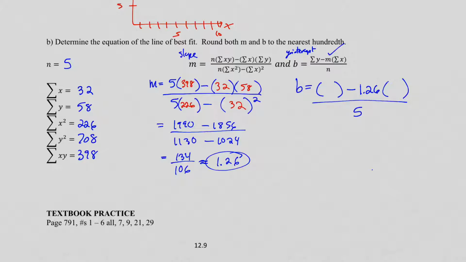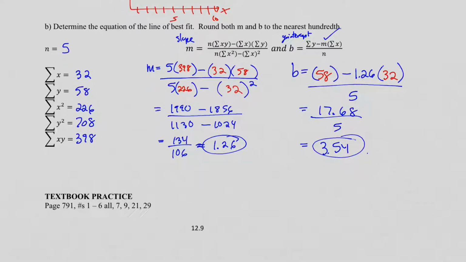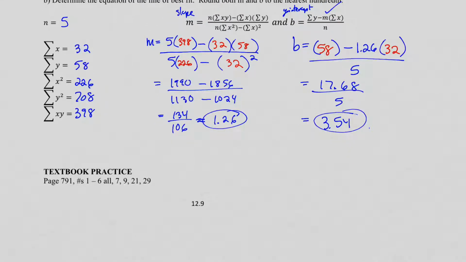Okay, so we're just going to fill those two blanks with the numbers we calculated from the chart, which is 58 here, and the sum of the x's is 32 right there. So we start using our calculators. That's 17.68 on top. Divide by 5, and you're going to get 3.54. Okay, so those are the two values that we need to plug into our y equals mx plus b.